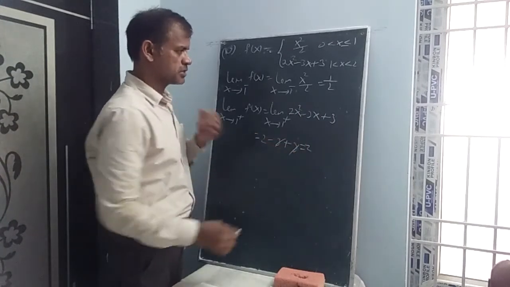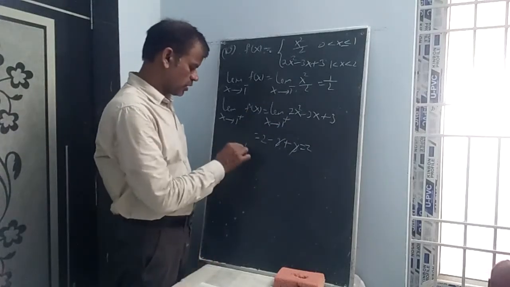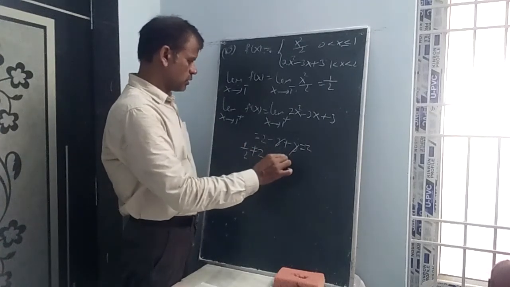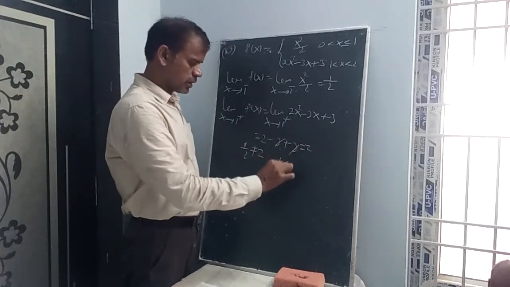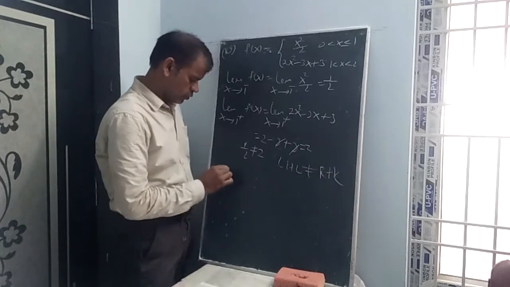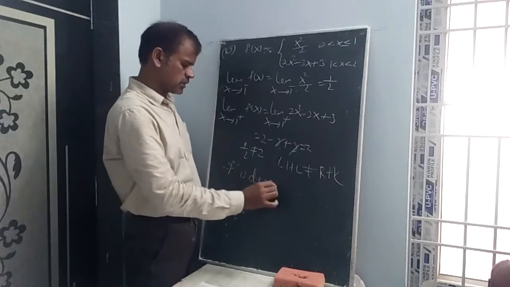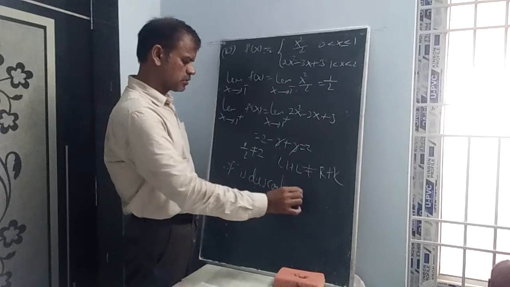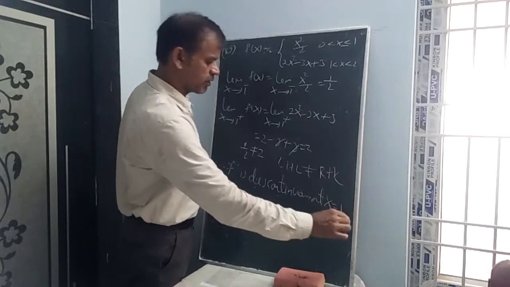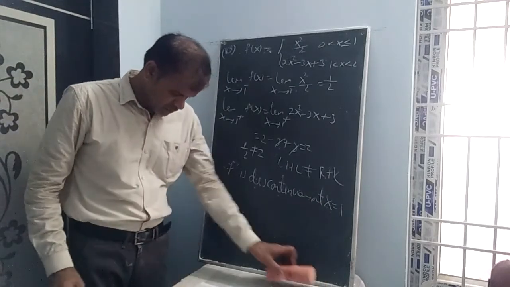Minus 3 plus 3 get cancelled. So 1 by 2 is not equal to 2, so LHL is not equal to RHL. Therefore, f is discontinuous at x equal to 1. Yes, third option given. Let us see the 11th question.